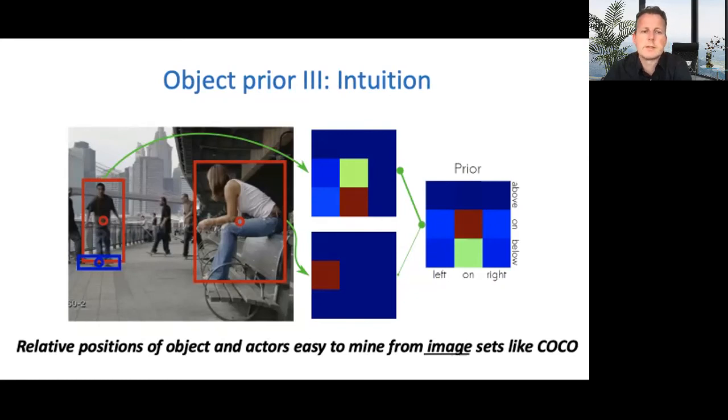And from these datasets, you can learn priors that it's more likely for a skateboard to be below a person rather than next to a person. So if you have to decide between those two boxes which one is the most likely location of the action skateboarding, then you should go for this one, as the skateboard is below the person and not next to the person.